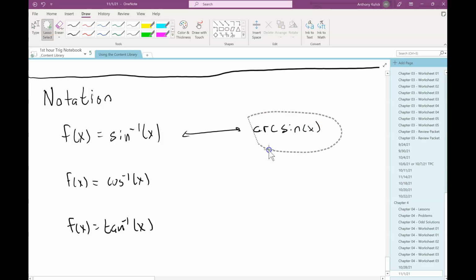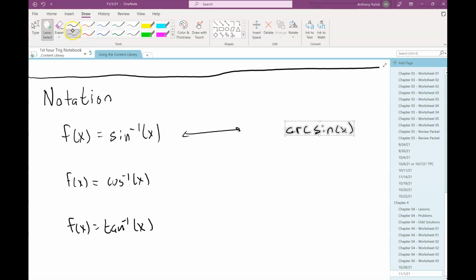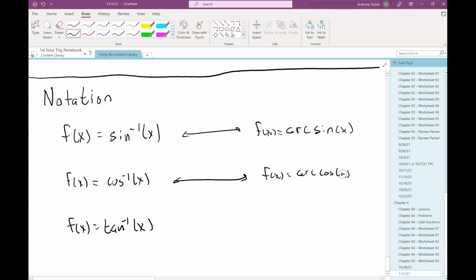Let's do that and put the f of x there. So if we talk about arc sine or arc cosine or arctan, we're really talking about the same thing as sine inverse, cosine inverse, tan inverse.